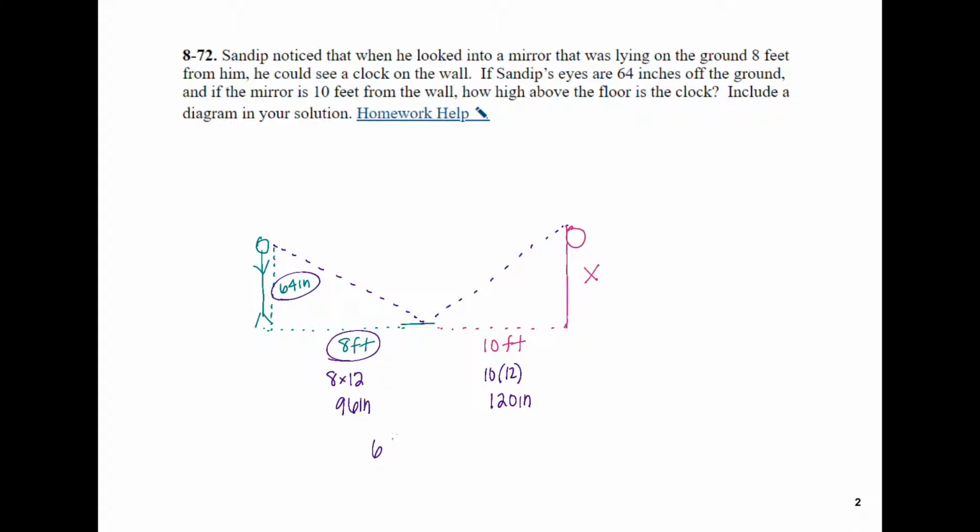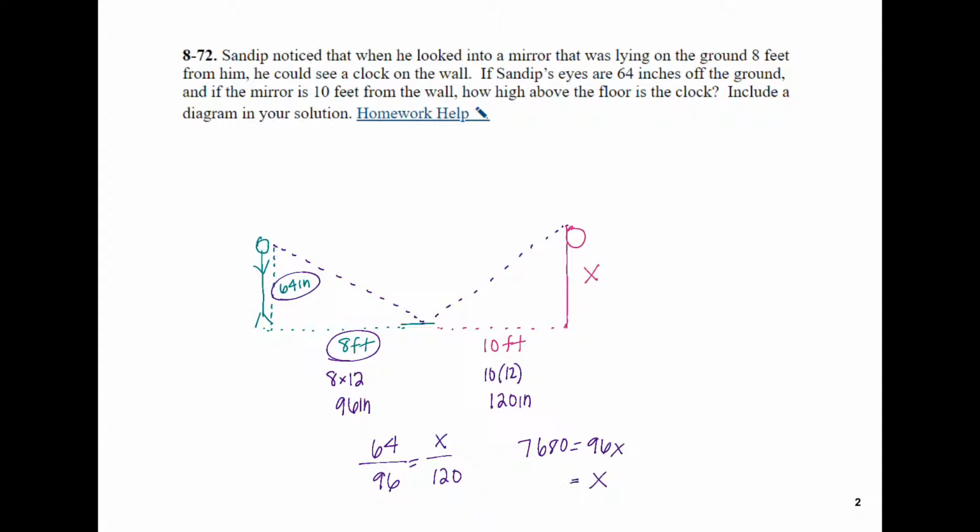So if we look at the triangle on the left, we have 64 over 96 is equal to x over 120. When we use inverse operations or cross multiply, we get 7,680 is equal to 96x.